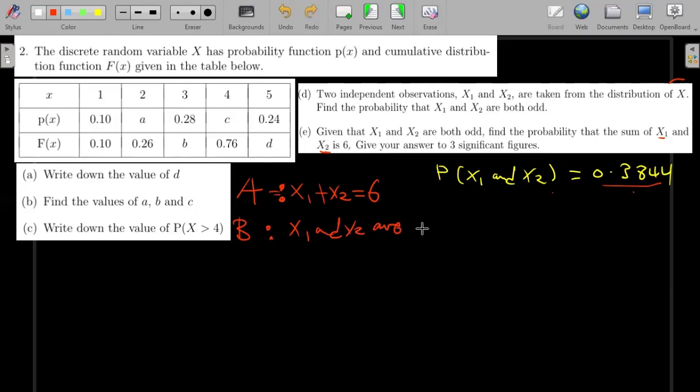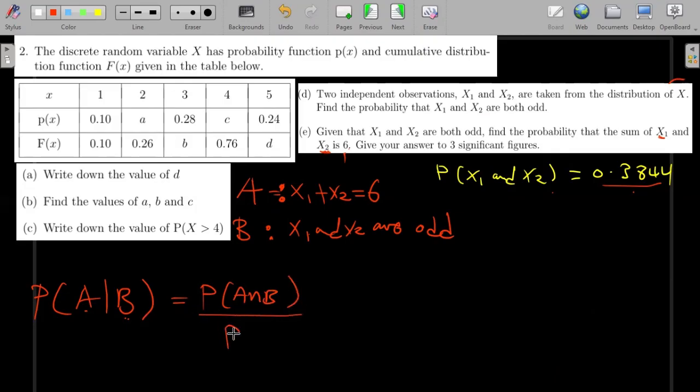So what we are calculating here is: find the probability that the sum of X1 and X2 is 6, given that they are odd. So we are finding the conditional probability of A given B. This is the same as the probability of A intersection B divided by the probability of B. So the sum of X1 and X2 should be 6, given that X1 and X2 are odd.